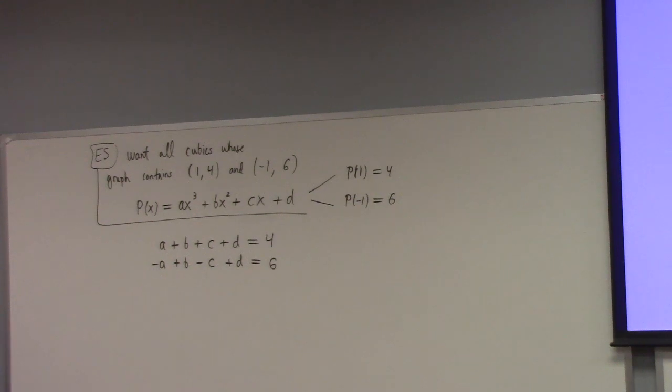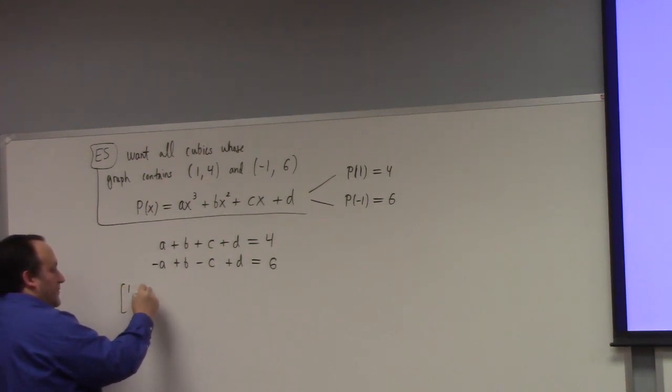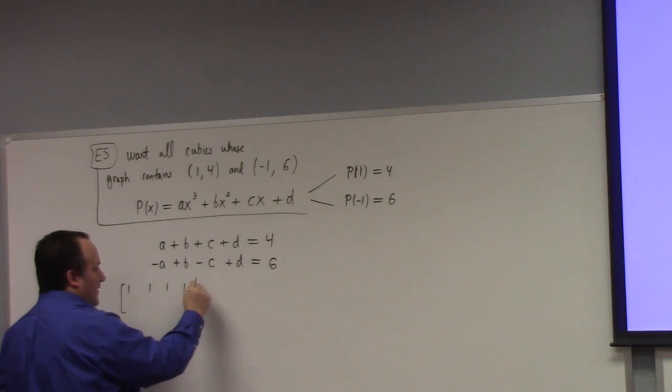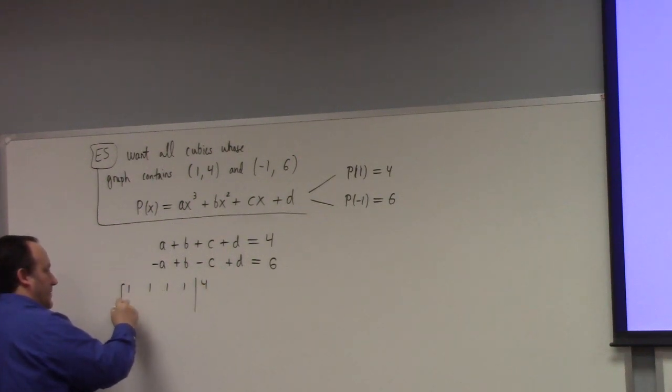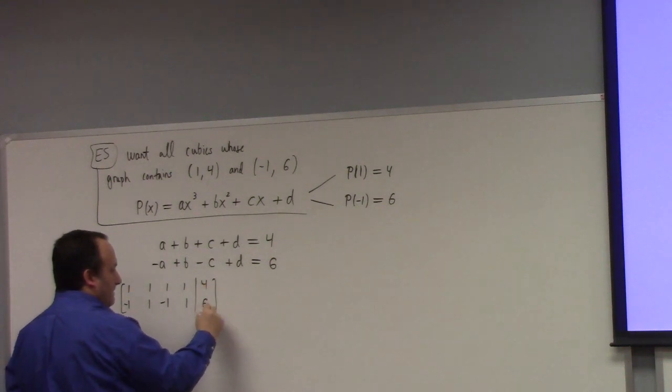So it's tempting for me to do this problem even without a matrix technique. Like I can almost see the solution here without using the matrix technique. But let me use the matrix technique just to be careful. So we've got 1, 1, 1, 1, 4, and minus 1, 1, minus 1, 1, 6.